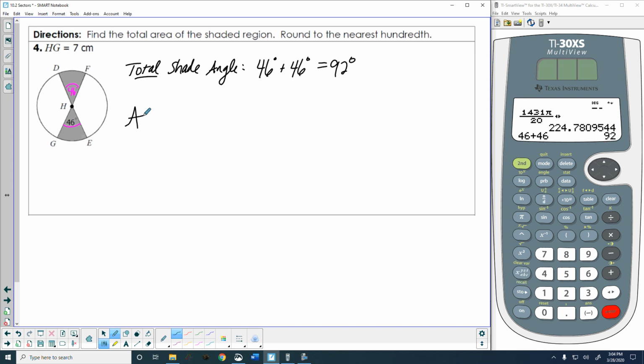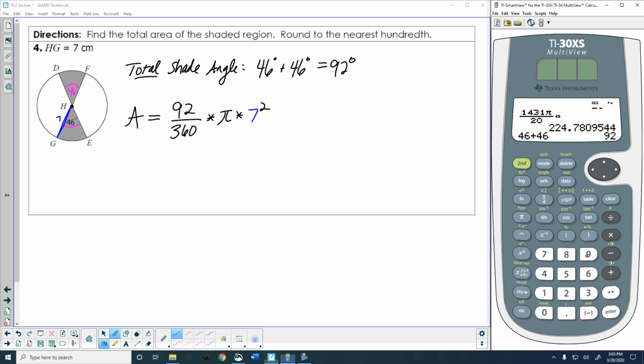To figure out the total area, we'll use that 92 degrees. And it says that HG is 7, so that's the radius, 7 squared. You could have found the two areas separately using 46 degrees and then just added those two areas together. So either way, if your brain sees it better to think of those two areas separately and then add, you definitely could do that.